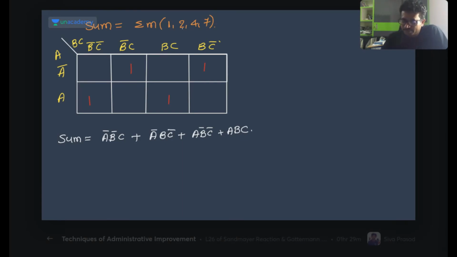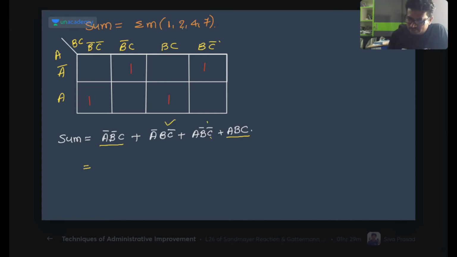Now what I'm doing here is, this is ABC, here it is A bar B. I'm taking C bar common in these two terms.